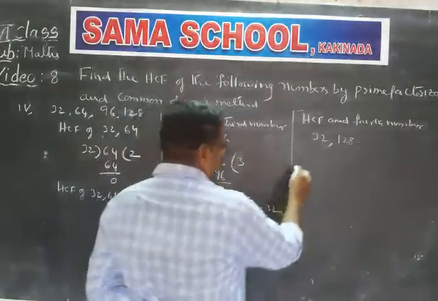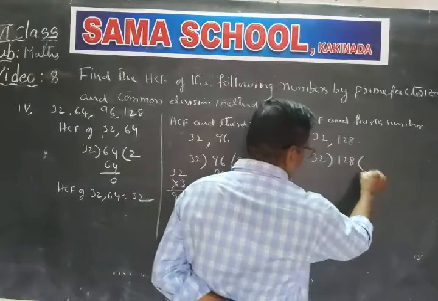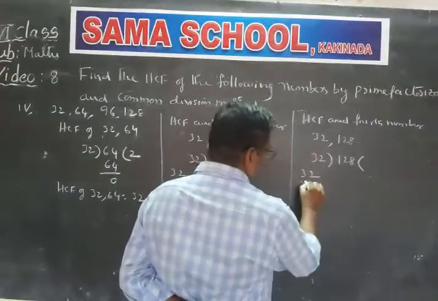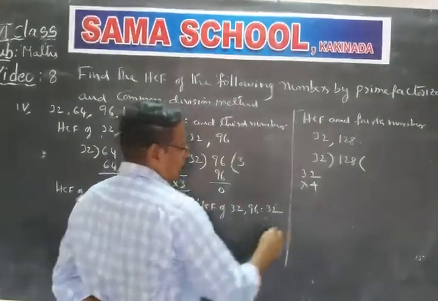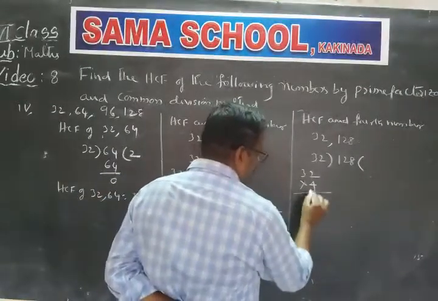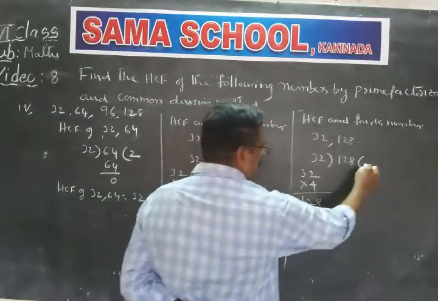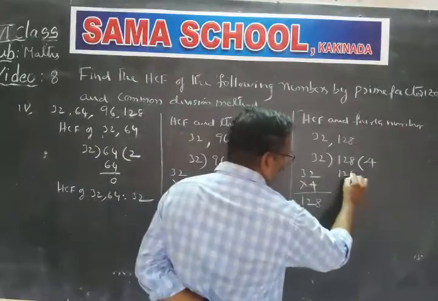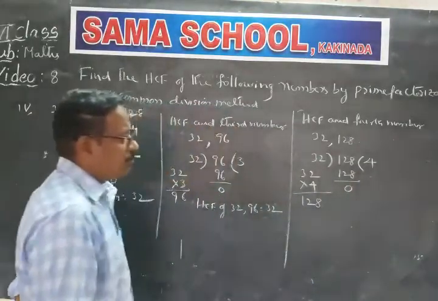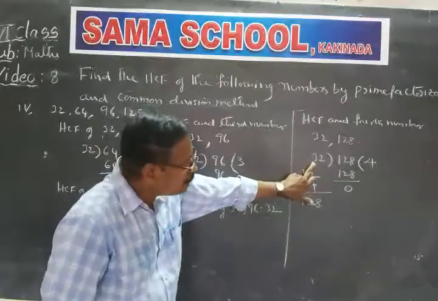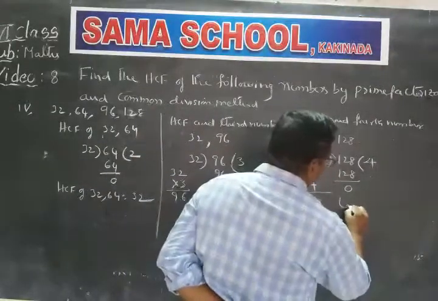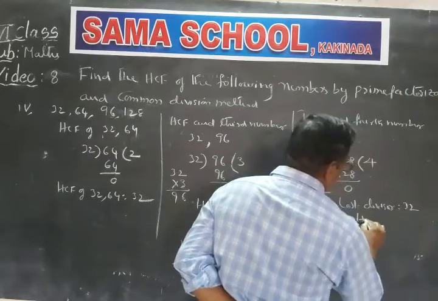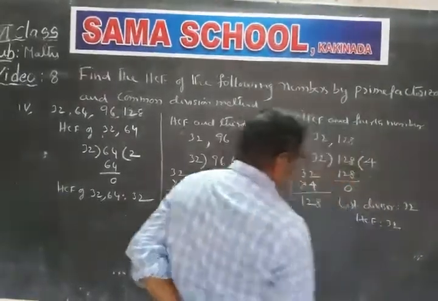How many times is 128 divisible by 32? Multiply 32 with 4. 4 2s are 8, 4 3s are 12, giving 128. 4 times, we get the answer 128 and the remainder 0. Which is the last divisor? 32. The last divisor is equal to 32. That is the HCF, 32.